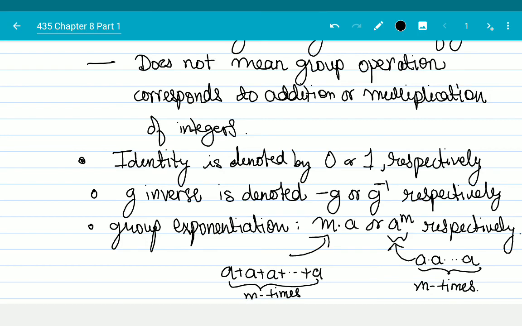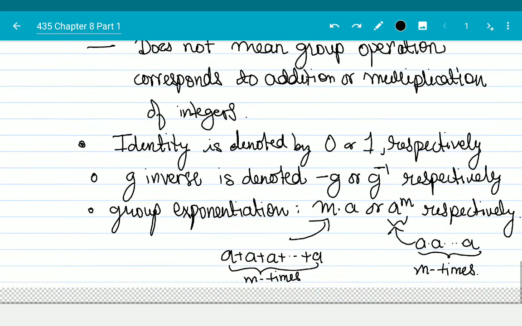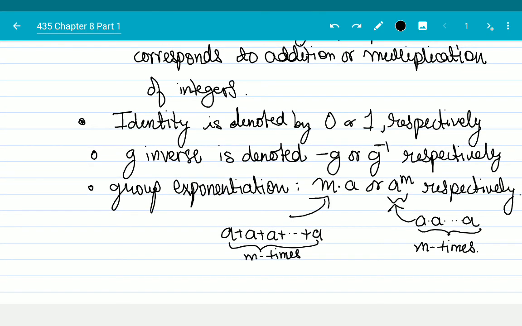Okay, now when you're doing computations in groups, okay, let me actually write down some important results. Lemma.